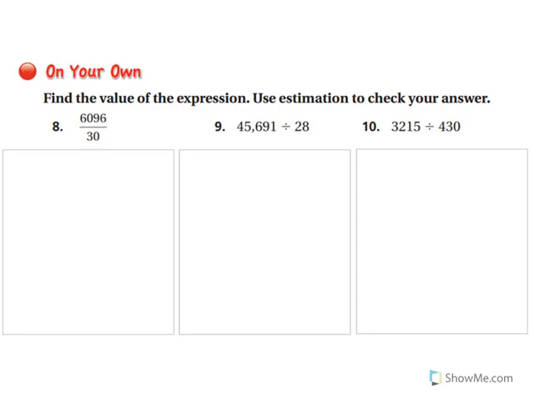So for number 8, I have 6,096 divided by 30. And so 30 goes into 60 twice. And that gets me 60. I subtract, I get a 0.